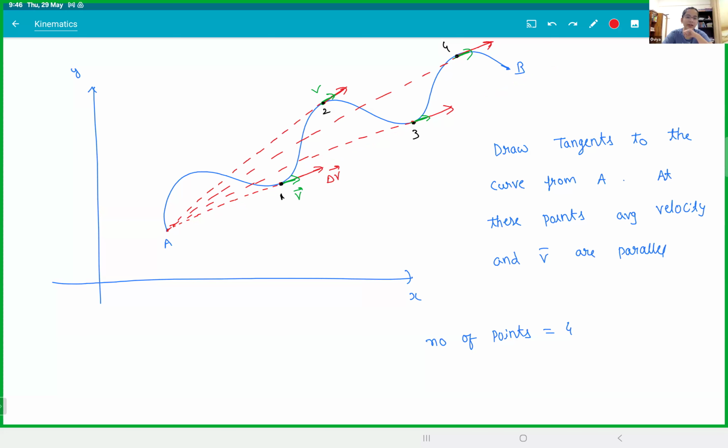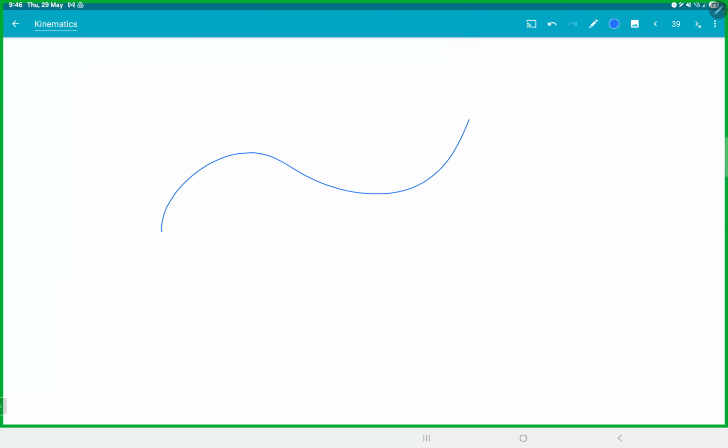I'm asking, how do we know that the line connecting A and those points is parallel to the tangent? No, that is a definition. What's the definition of a tangent? It's a line which just grazes the curve at one single point, right? So from this point, if I start and draw like this, it is grazing only at one point. Isn't that a tangent then? If you go like this, you're crossing. If you're just grazing, then you're only touching at one point. So just grazing, it's a tangent, isn't it?